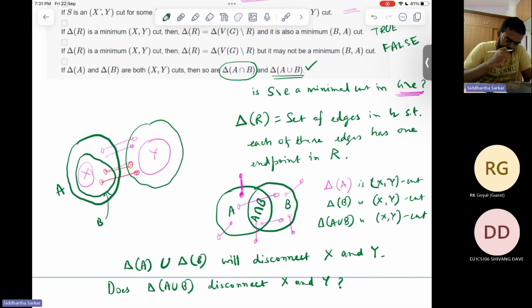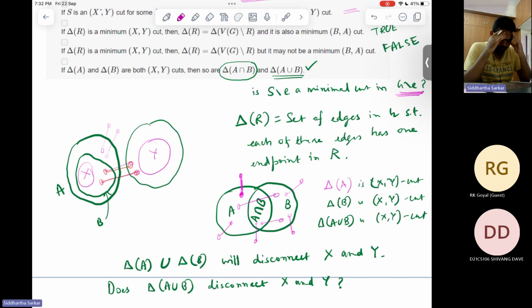So A intersection B is entirely B. And therefore, because delta B is a cut, the intersection B is also a cut. So these edges are probably not like this. These edges are probably outside, not cut edges.